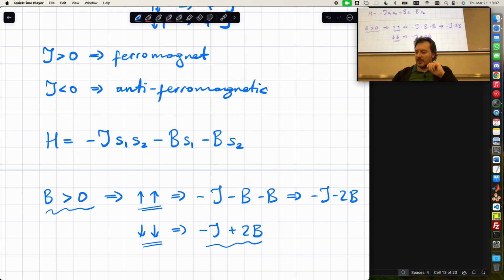The up one is minus J minus 2B. Lower energy is up. So I apply up magnetic field, so I give an extra tendency of looking up, okay? We started simple, but it will be crazy complicated. Don't worry about that, okay? Very, very soon.